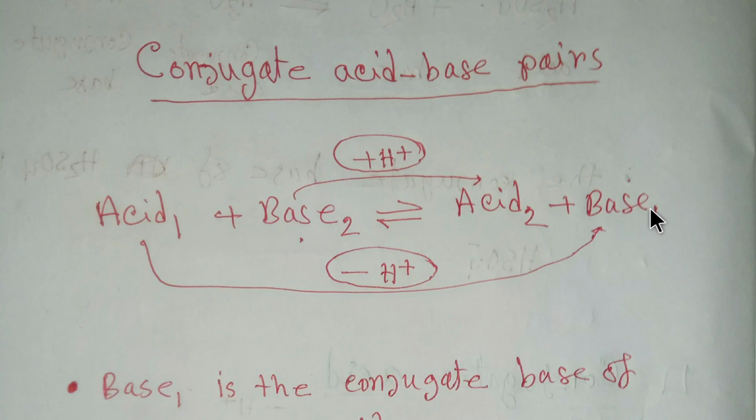This base 1 is the conjugate base of acid 1, and this acid 2 is the conjugate acid of base 2. From acid 1 we get base 1 by removal of hydrogen. From base 2 we get acid 2 by addition of one hydrogen. So acid 2 is the conjugate acid of base 2, and base 1 is the conjugate base of acid 1, right? I hope this is clear to you.